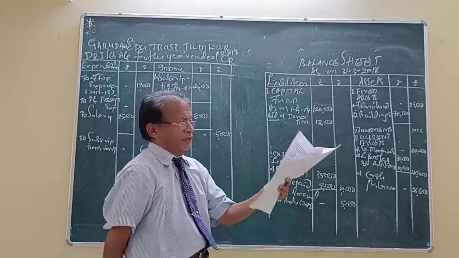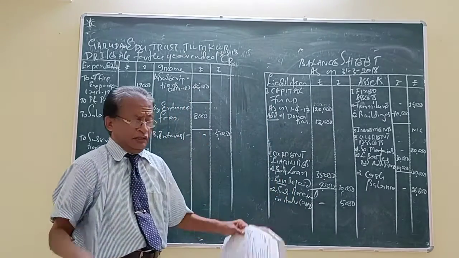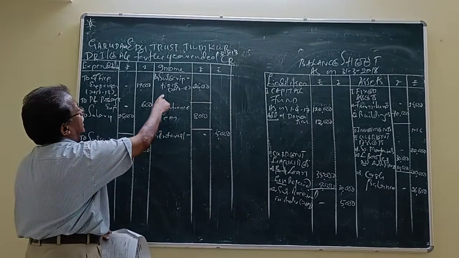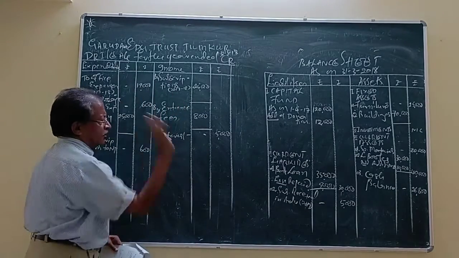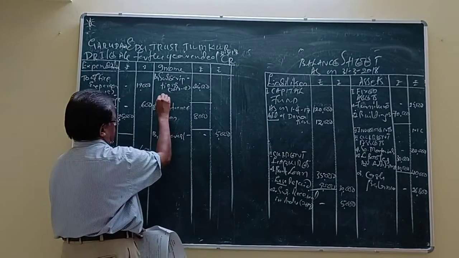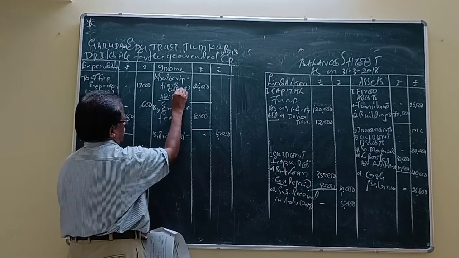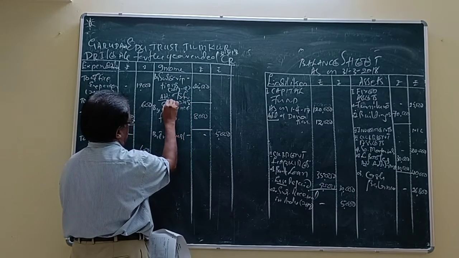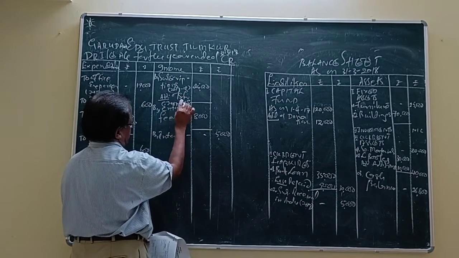And now come to adjustments. Subscription outstanding 5,000. It belongs to the current year. It will be shown in the income and expenditure account as an addition to the subscription, and the same item will be shown in the balance sheet under the heading current asset. Outstanding for 2017-18.